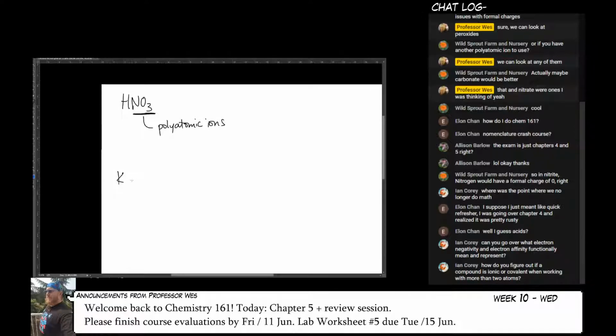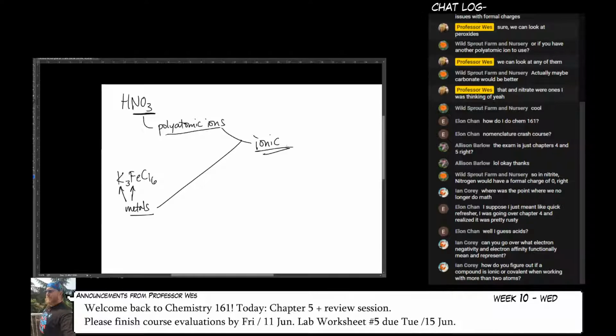Or in other cases, like for example, if you had this, now the bottom example I would never give you on a test. However, that is a compound that we do work with in 162.